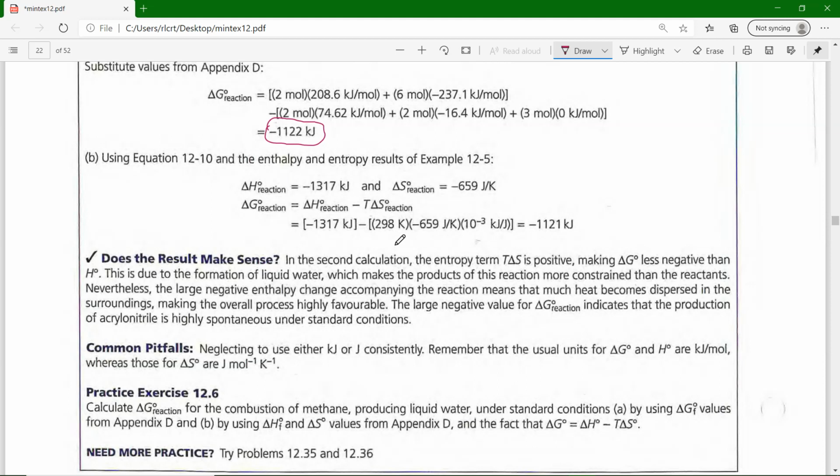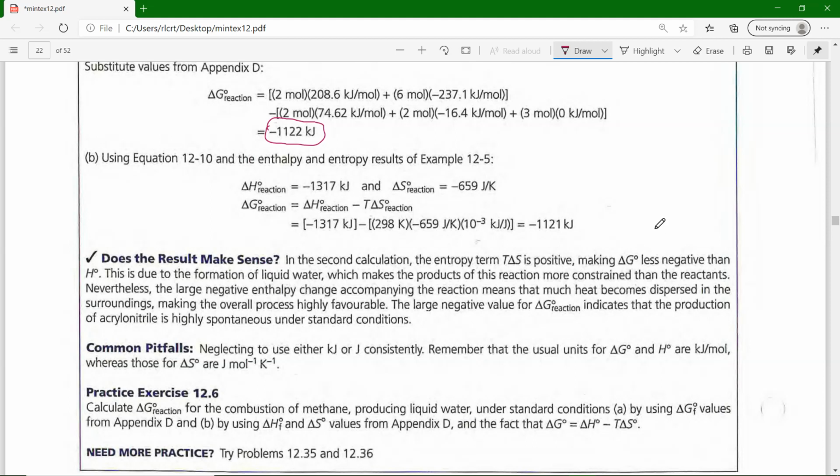We say that it is an enthalpy-driven as opposed to an entropy-driven reaction. So under standard conditions, it is a highly spontaneous process.